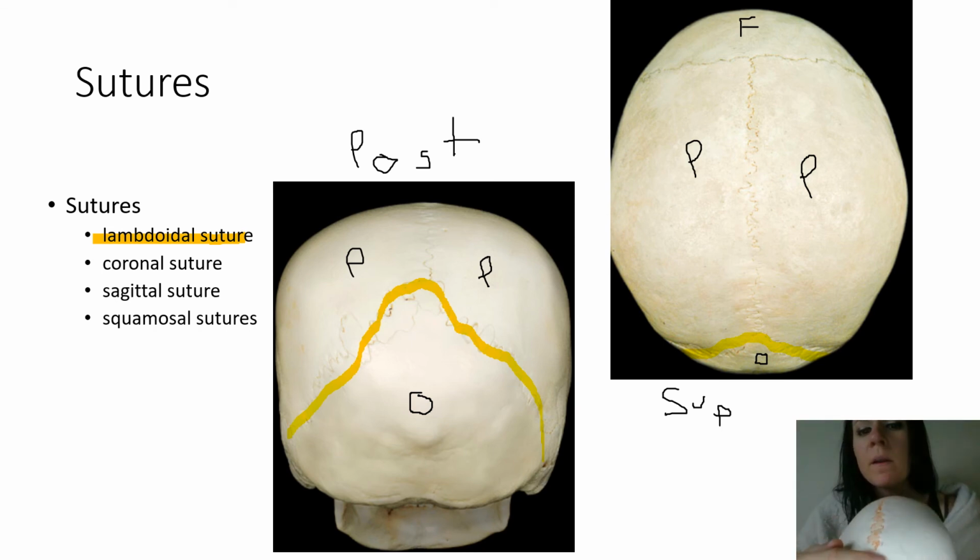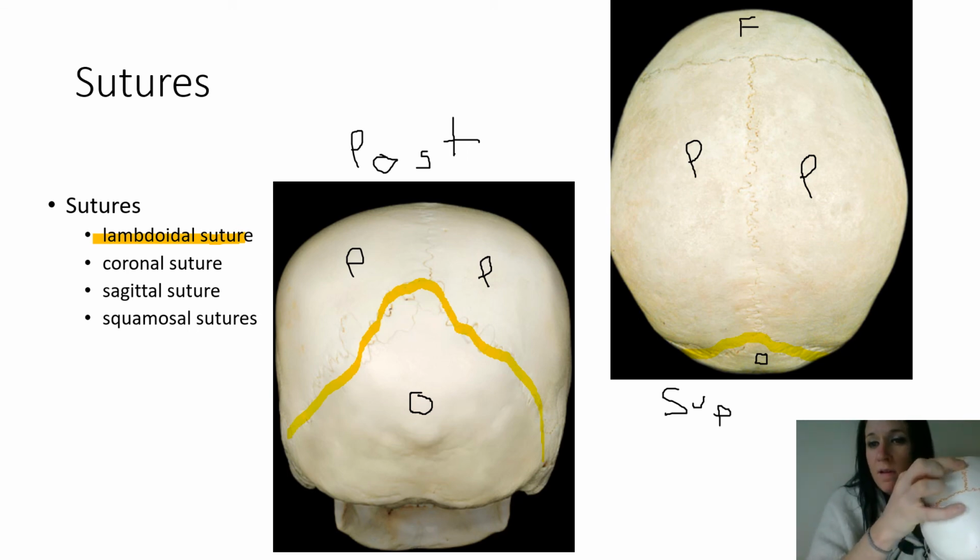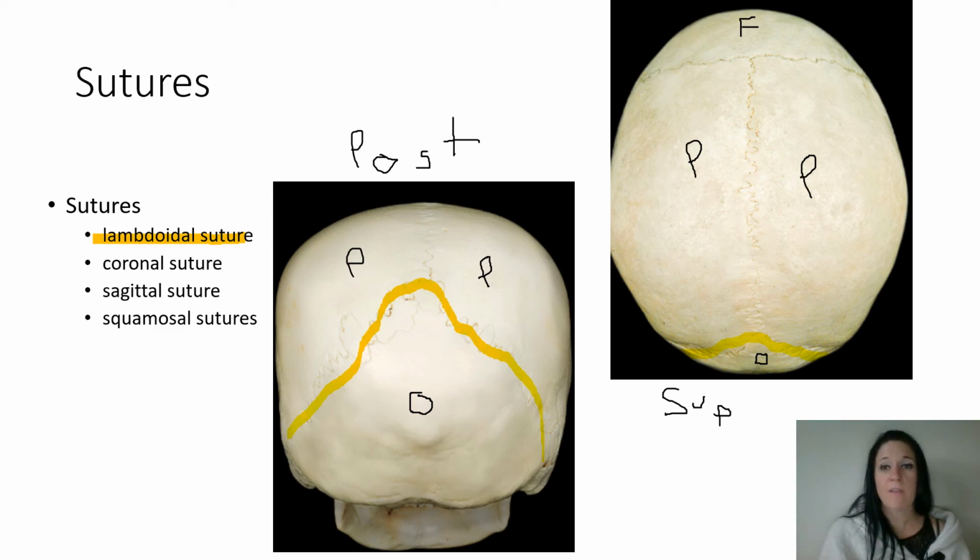Coming up, the articulation between the 2 parietal bones. This is going to be the sagittal suture. Remember, sagittal is dividing something into left and right halves, so the sagittal suture is dividing the skull into left and right. So here, or here, is the sagittal suture, and then we have a coronal suture.